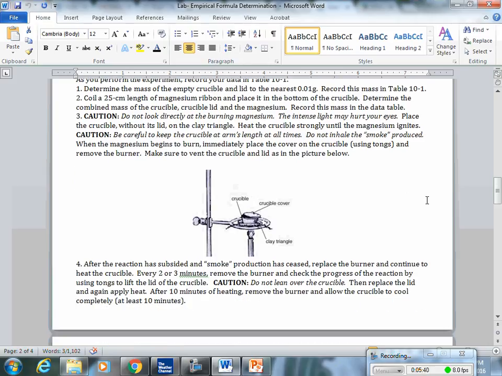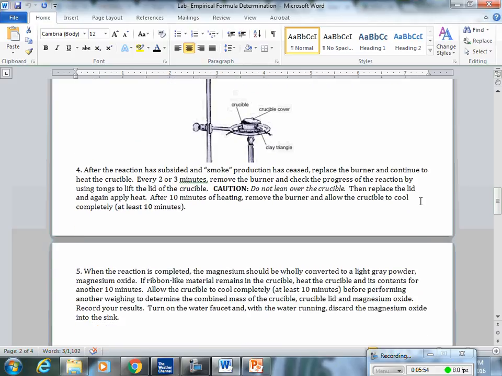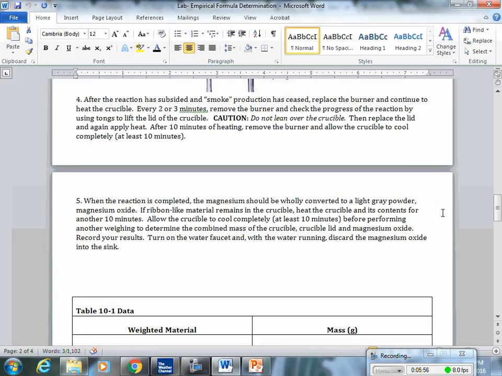After the reaction has subsided and the smoke production has ceased, you need to continue to heat the crucible. When the reaction is complete, the magnesium should wholly be converted into a light gray powder.